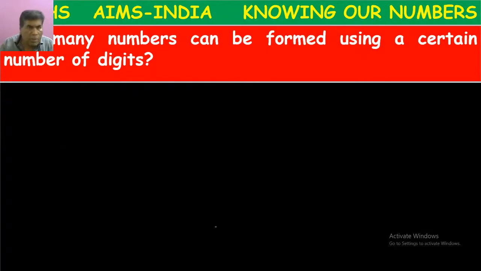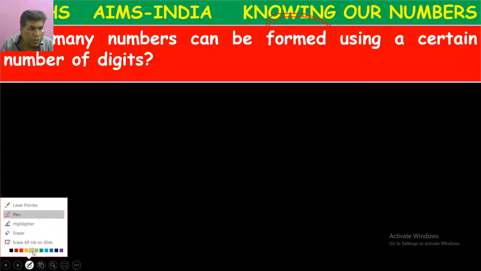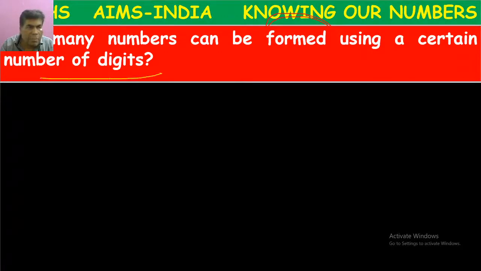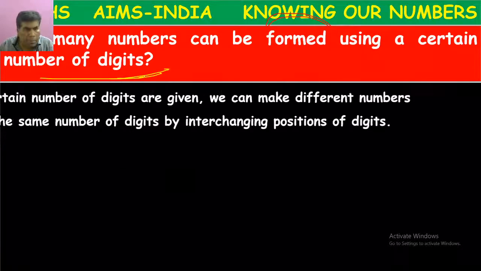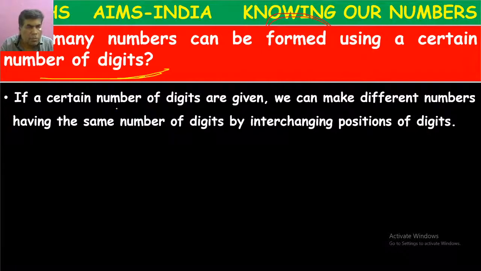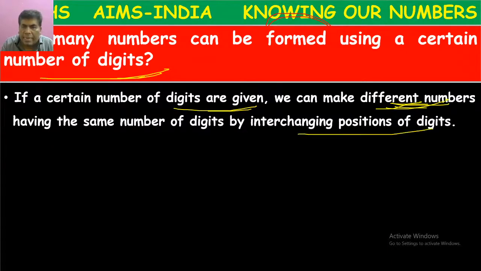So what is the next topic? How many numbers can be formed using a certain number of digits? If we are given a certain number of digits, they ask how many different numbers we can make by interchanging their positions.